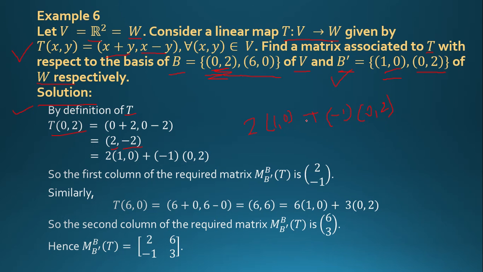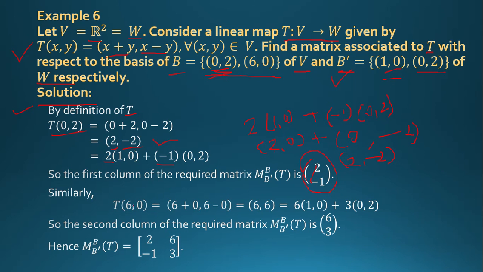Simplifying this, we get (2, 0) plus (0, minus 2). Adding both, 2 plus 0 is equal to 2 and 0 minus 2 is equal to minus 2. So here the first column we get is 2 and minus 1, first column.